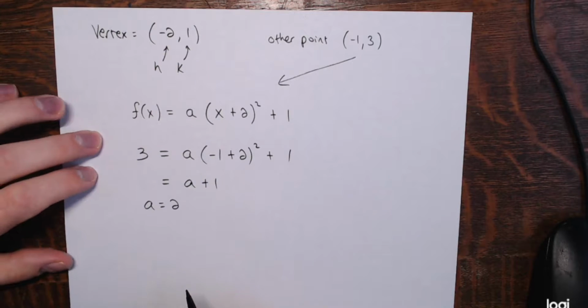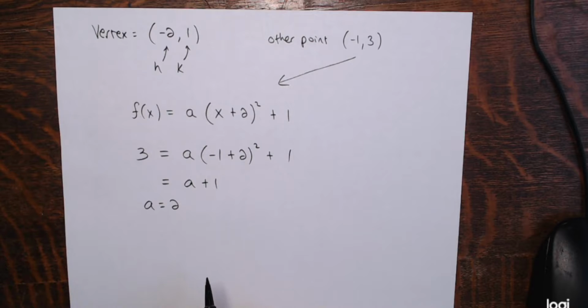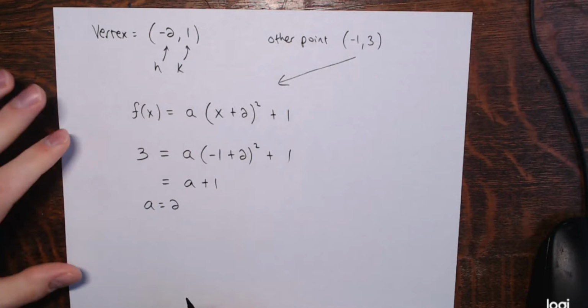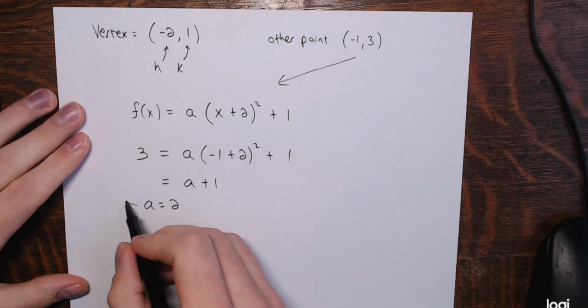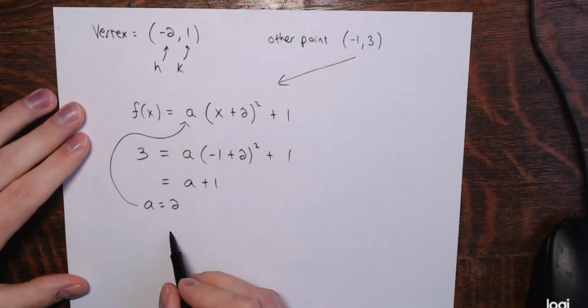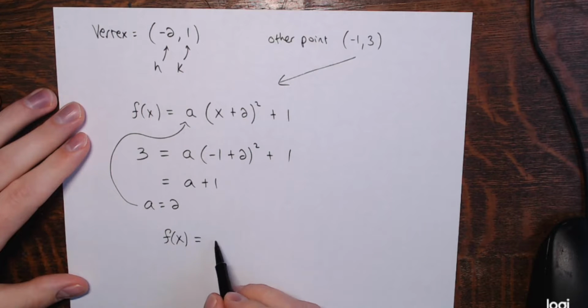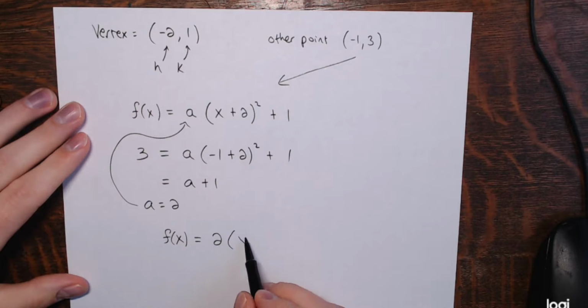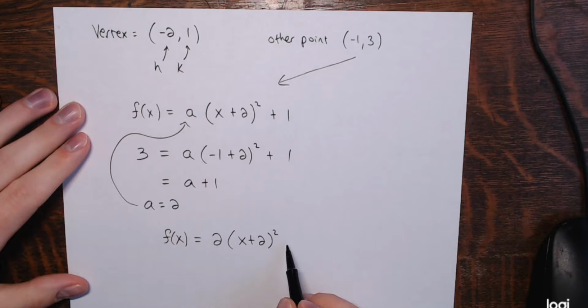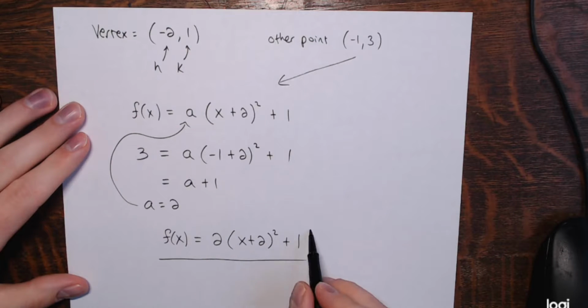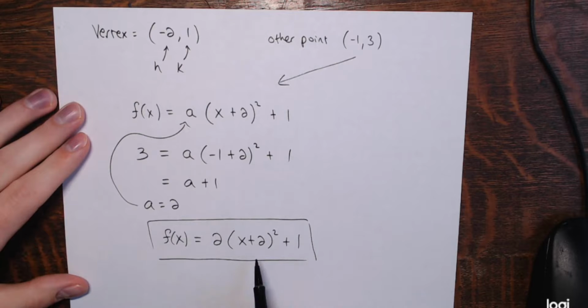And again, it better be positive. If you remember, the picture of the parabola was opening up, and that means a had better be positive. If it was opening down, a should be negative. And then I pop this in for a, and we got our function. So f of x equals 2 times the quantity x plus 2 squared, and then plus 1. And that's the vertex form, and that's the one they want it in.